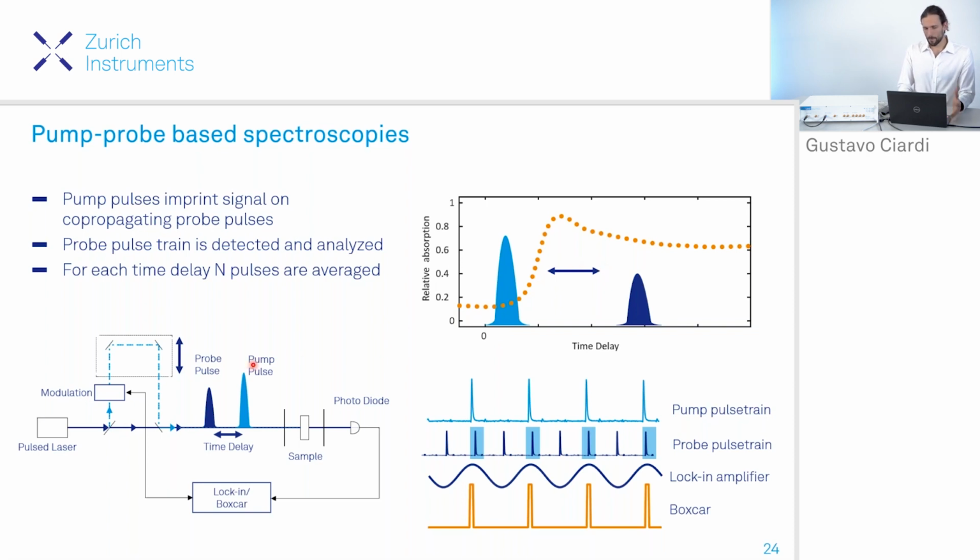As we've seen, depending on the type of modulation that the pump has, either lock-in amplifiers or boxcar averagers can turn out to be a very useful tool to resolve signals that are usually very, very small for this type of experiments.